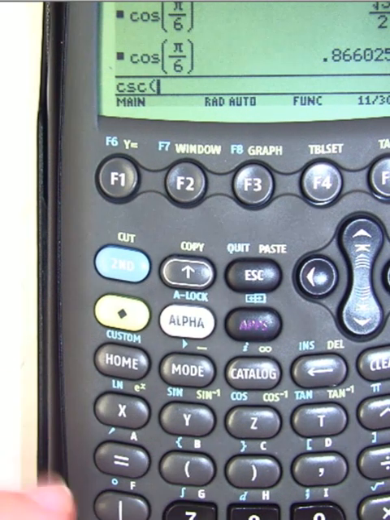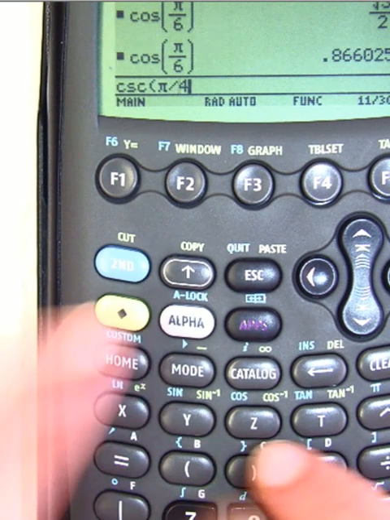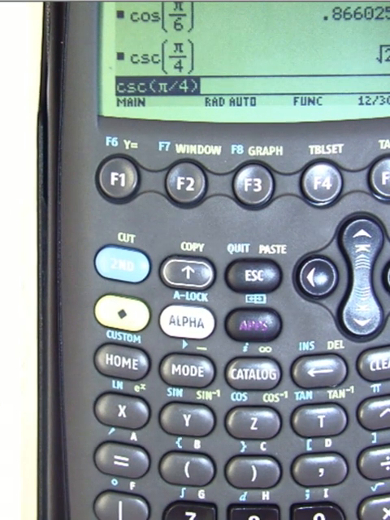And then just parentheses, pi over 4, and it'll give us the cosecant of pi over 4. So if it ever involves cosecant, secant, or cotangent, you just have to spell out those words. I haven't found them anywhere, but I think that's what you need.